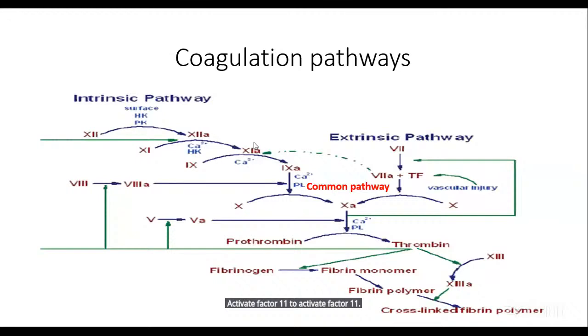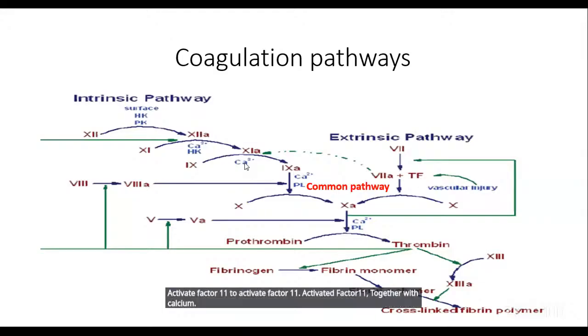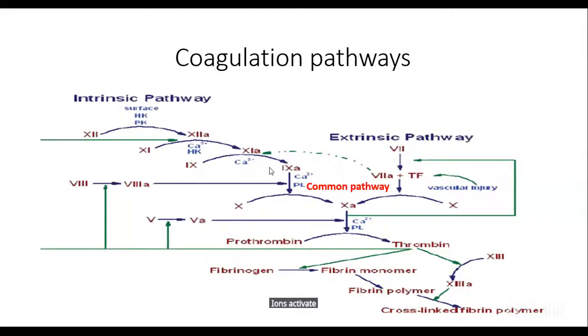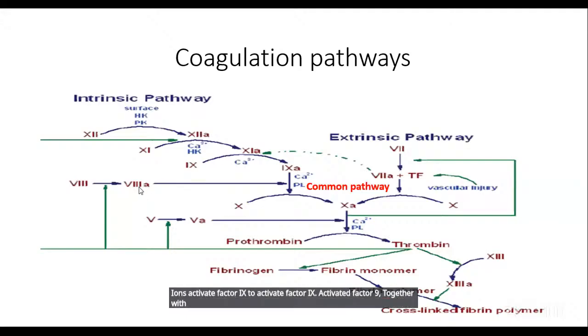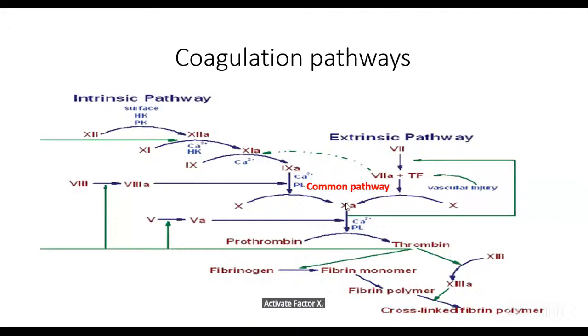Activated factor 11, together with calcium ions, activates factor 9 to activated factor 9. Activated factor 9, together with activated factor 8, calcium ion, and platelet factors, activates factor 10 to activated factor 10.